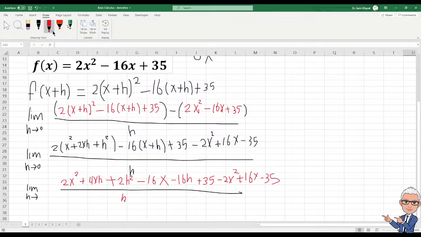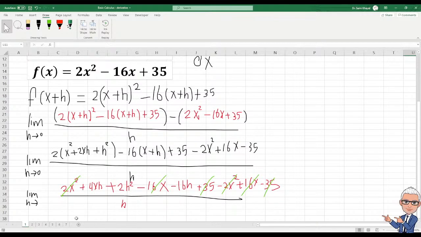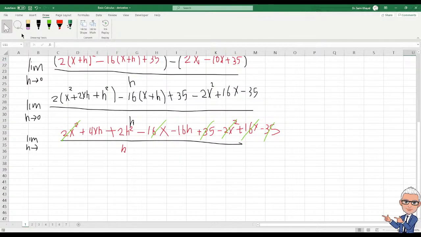Now let's see if we can cancel. Okay, this one will be cancelled with this one. And 16x, this one will go with this one. 35 will go with the 35. Okay, now we will have limit h approaching 0.